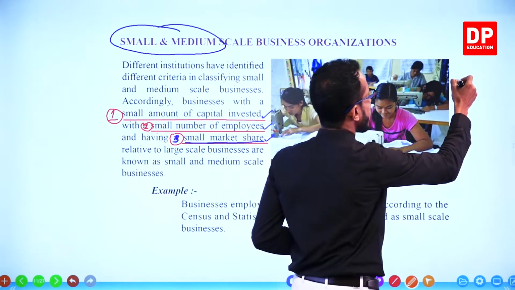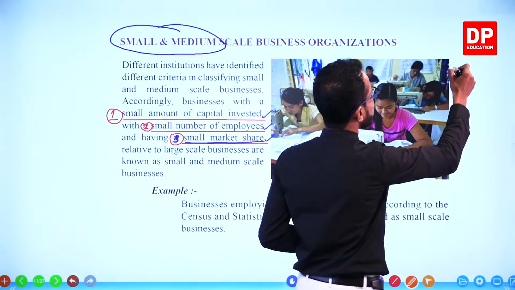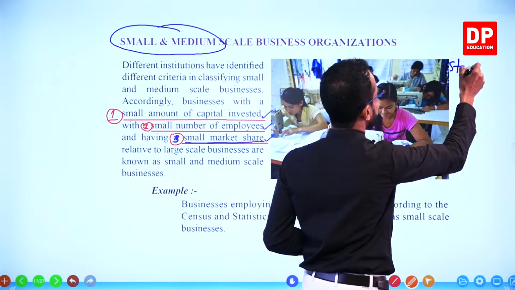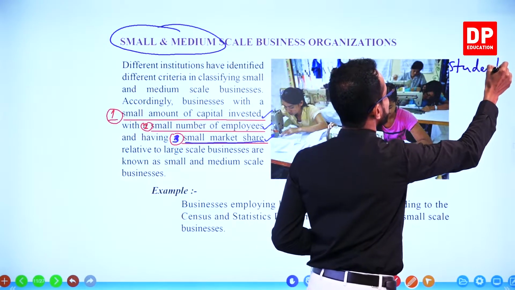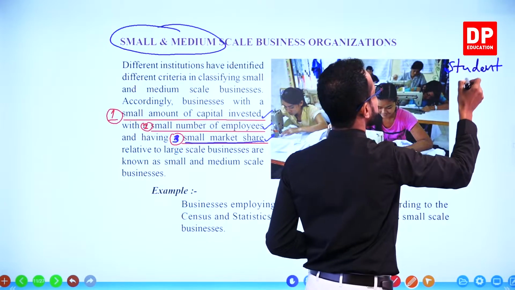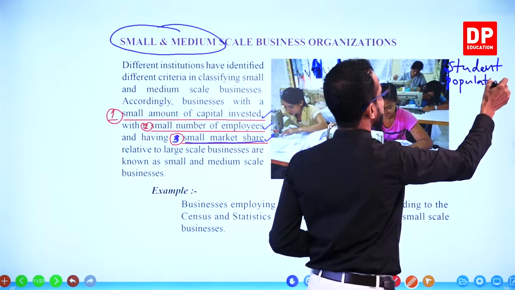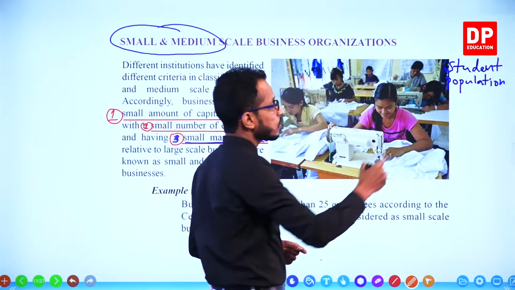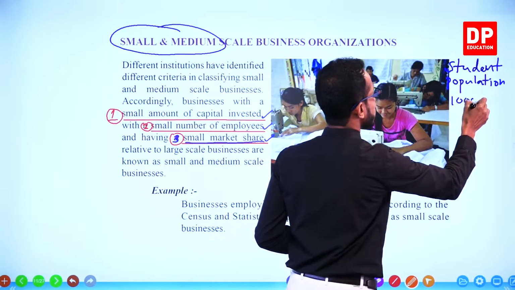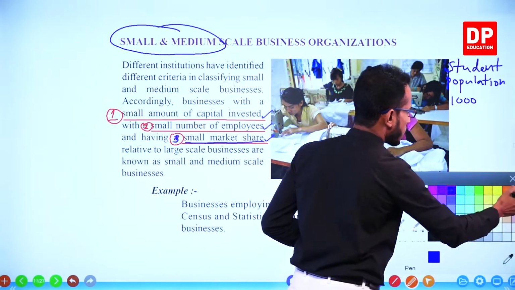Each school has 1,000 students or girls. Student population, each school has 1,000.